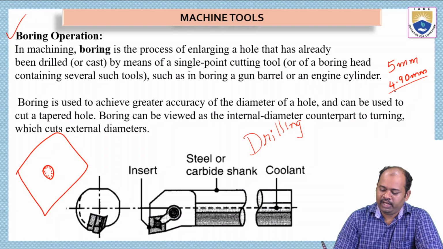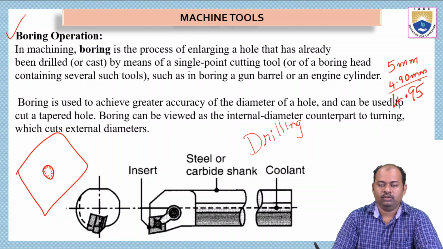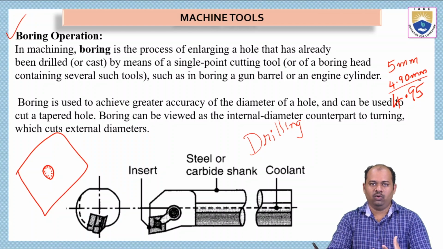Now, while using this 4.90 mm diameter drill bit, I can get a hole of dimension 4.95. So I have made a hole of dimension 4.95 mm. This is the highest value the drill bit can drill. That is the maximum capacity. It cannot drill more than that.